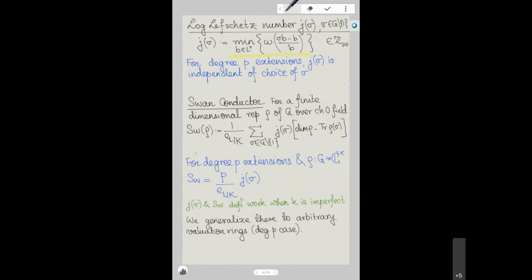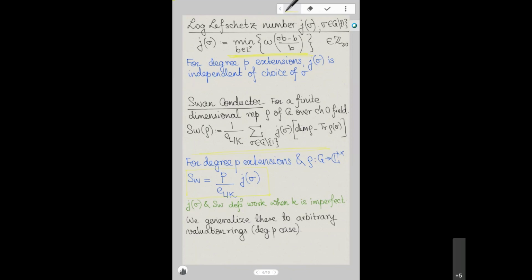This is just for the sake of completeness. Mainly for degree p extensions, there is a really nice relationship between the Swan conductor and j(sigma). Remember that these are the breaks in the lower filtration, and the Swan conductor is related by this particular number, p over the ramification index, with j(sigma).